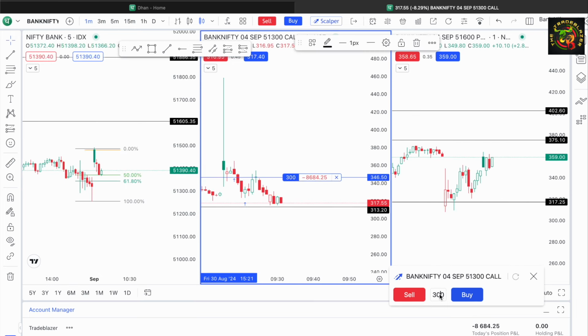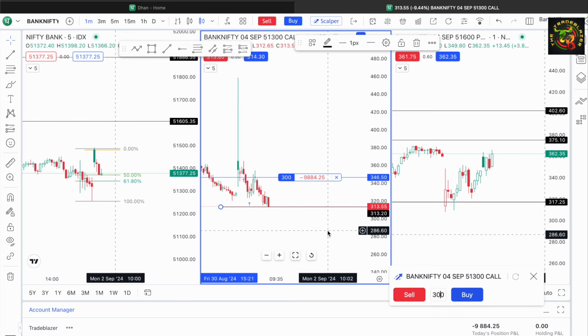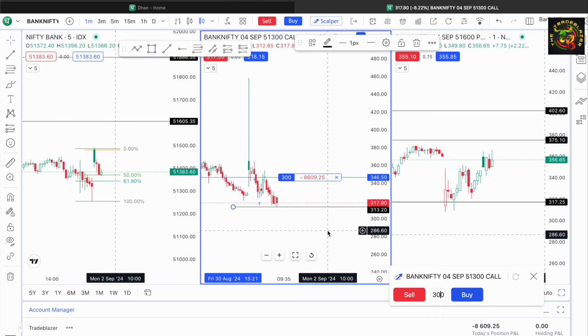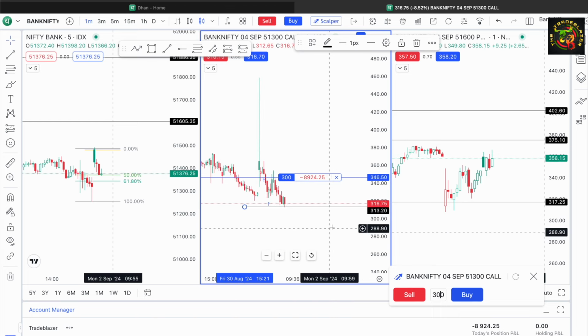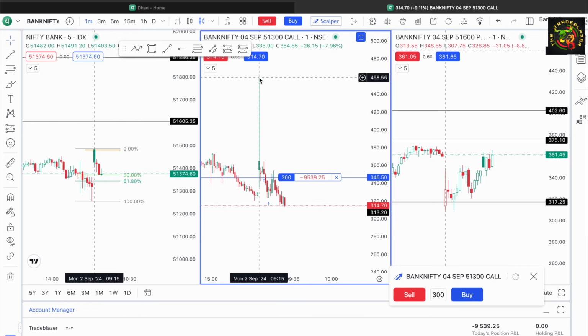Yeah, so I have just added my initial quantity of 300 as soon as price touches the 50% level of the golden fib zone. It came further down after that, and we can see already a little bit of loss.